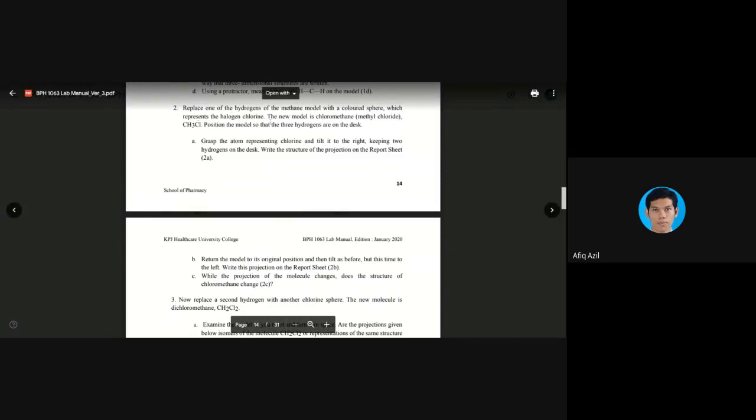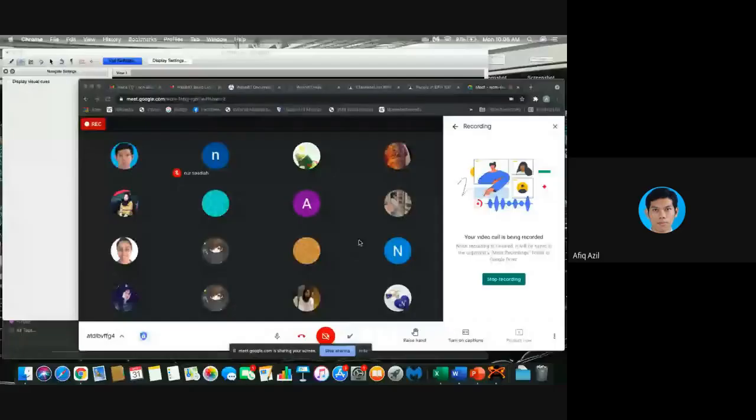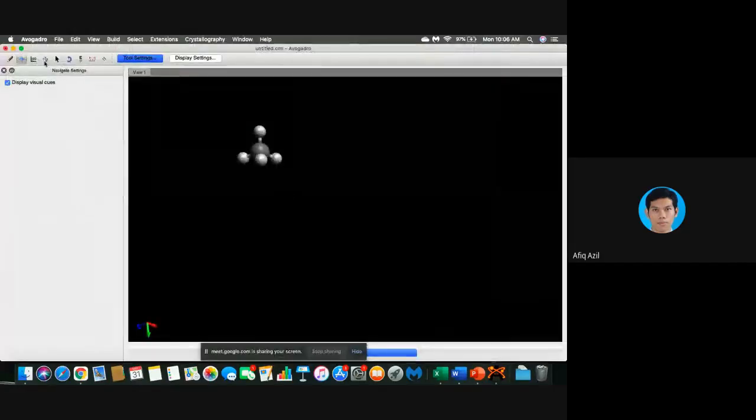Replace one of the hydrogen with a colored sphere, which represents the halogen chlorine. So if you are using Avogadro, let me just share my entire screen. This will be easier. To change one of the hydrogen into chlorine, there's a tab here on the top with the picture of a pencil, the draw tool.